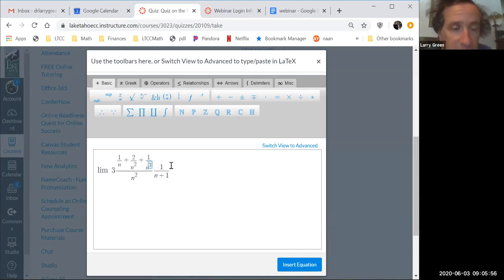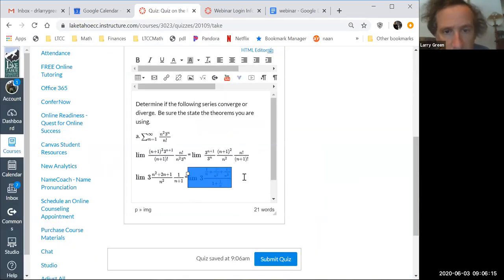And then when I divide by n cubed, the n squared actually goes away. And the n plus 1 becomes a 1 plus 1 over n. Any questions so far?